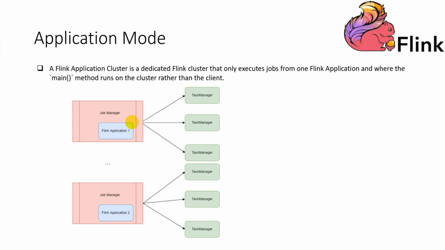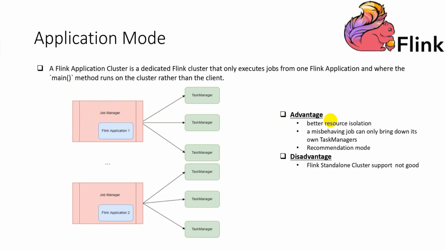This allows you to deploy a Flink application like any other application on Hadoop YARN and Kubernetes, like this figure shows. No longer the Flink client anymore, right? The job client source code will be executed inside the job manager.